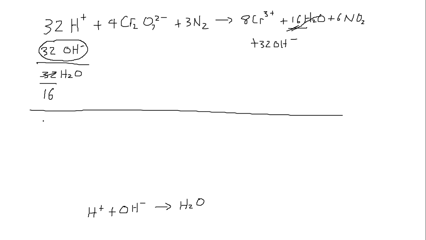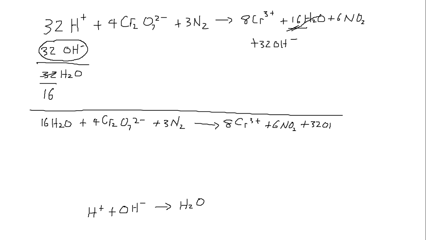So we start off with 16 H2O here, plus 4 Cr2O7 2 minus, plus 3 N2, and then on the product side we're going to have 8 Cr3 plus, 6 NO2, plus 32 OH minus.